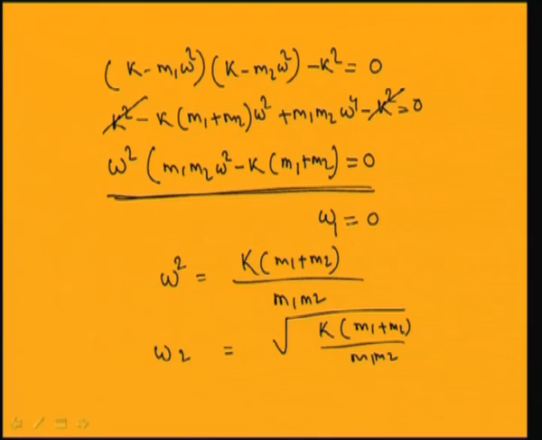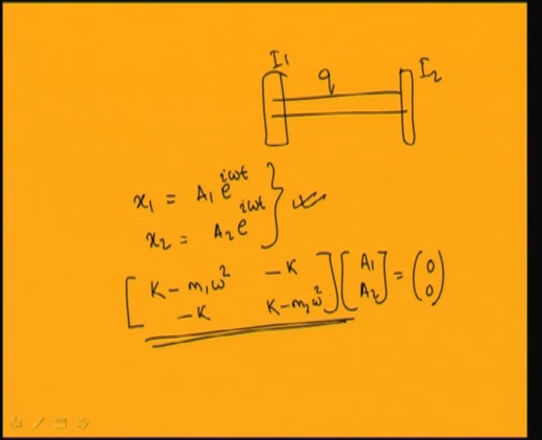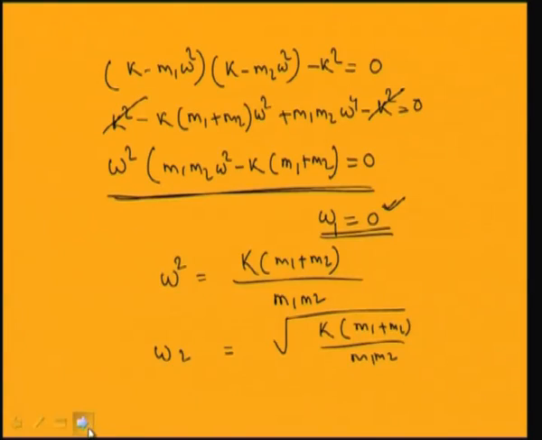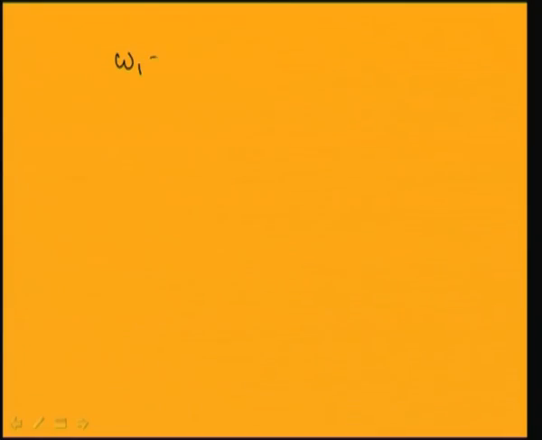So you have seen you have two frequencies, out of which one frequency is equal to 0. So this is a degenerate system, for which you have omega 1 equal to 0. If I substitute omega 1 equal to 0 in this equation, so let omega equal to 0, you can see that k into a1 minus k into a2 equal to 0, that means a1 equal to a2.